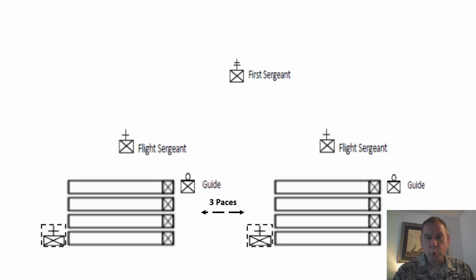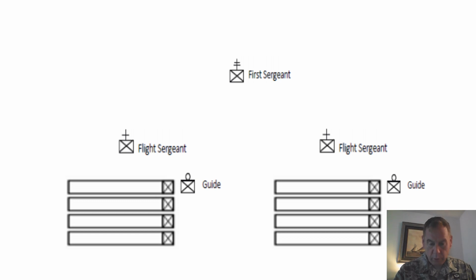Now, it's assumed whenever the first sergeant calls fall in that it's going to be at regular interval. If the first sergeant says instead fall in at close interval, then instead of extending your arm straight out, you're going to put your left hand on your hip, and that person's going to guide on your left elbow, and once they're dressed and covered, you'll drop your elbow or drop your arm.